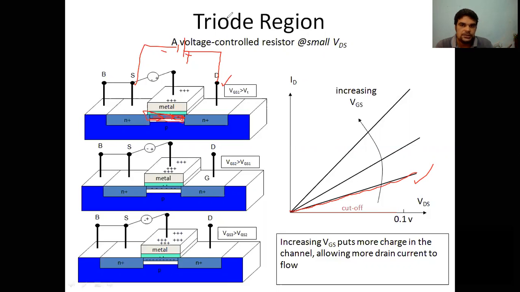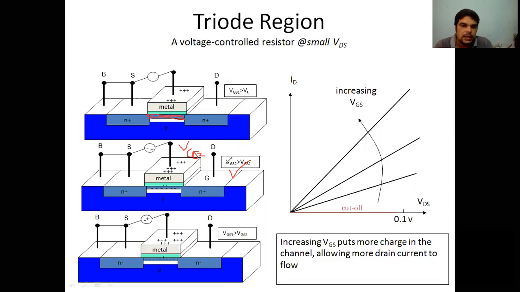The channel is uniform from source to drain. That's why the resistance of the channel also remains constant, and that's why we are getting a linear curve between ID and VDS. Okay. Now, if we apply VGS2 here.